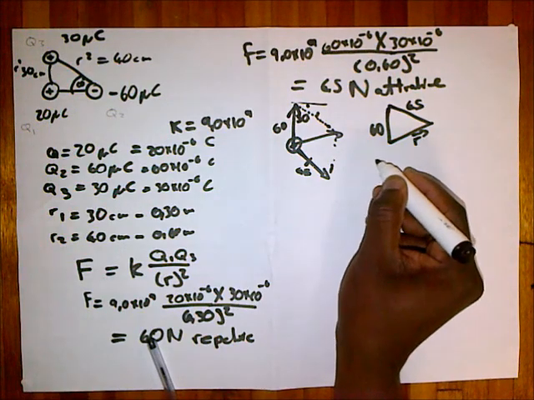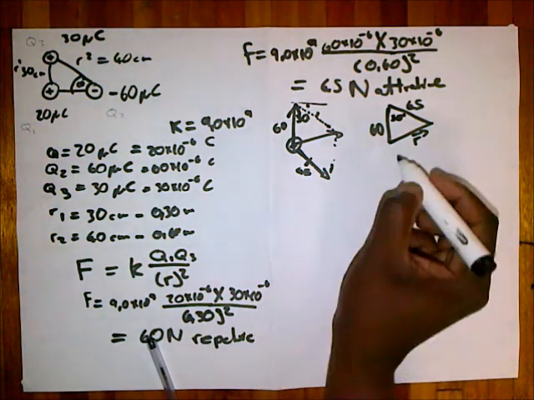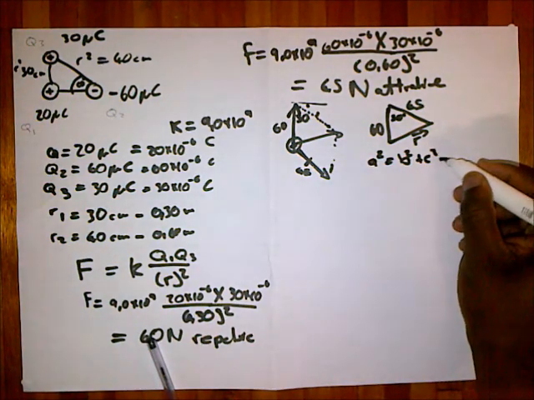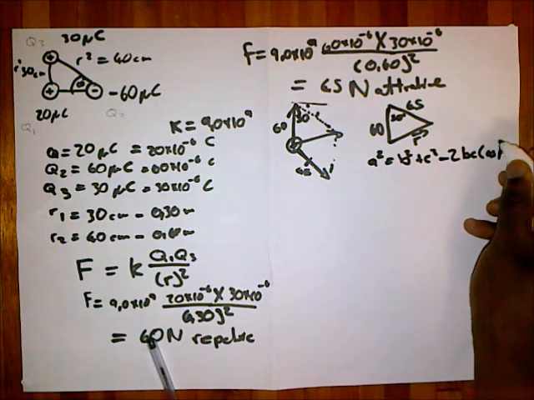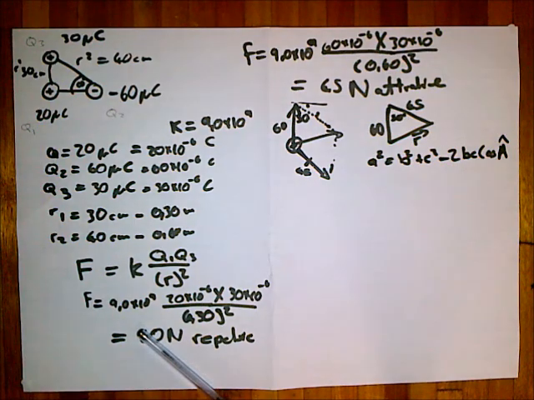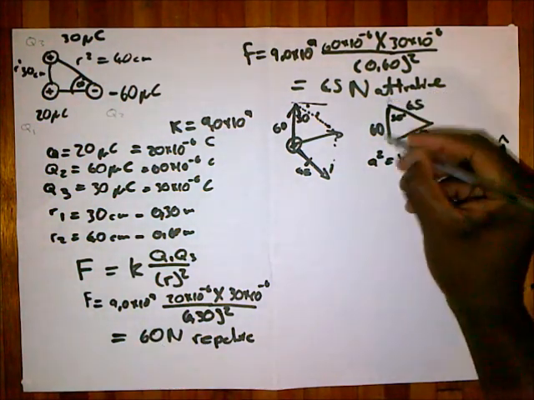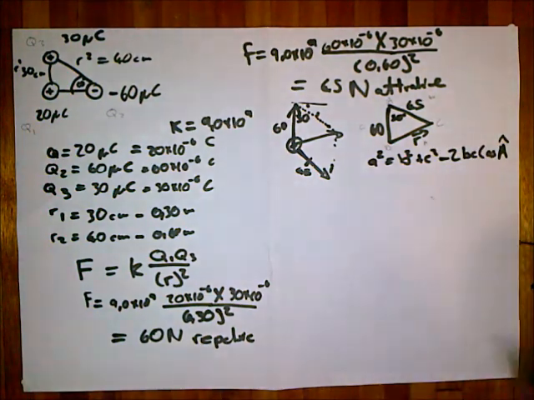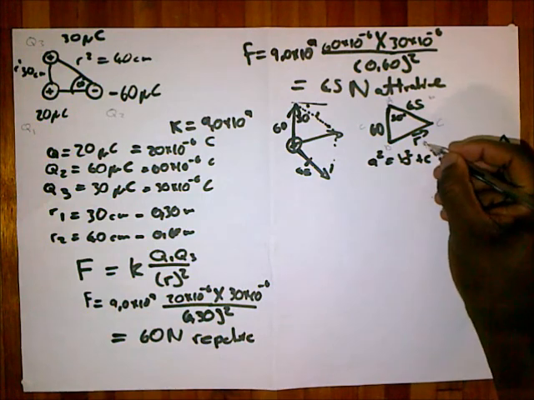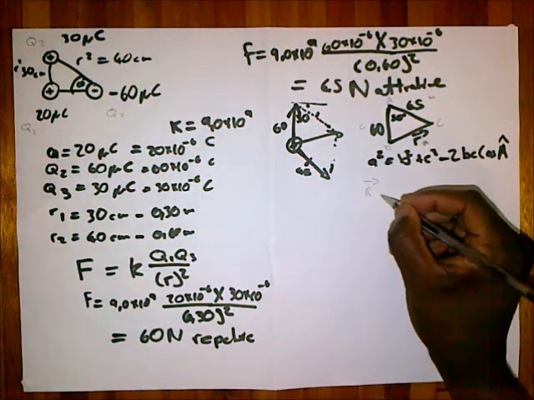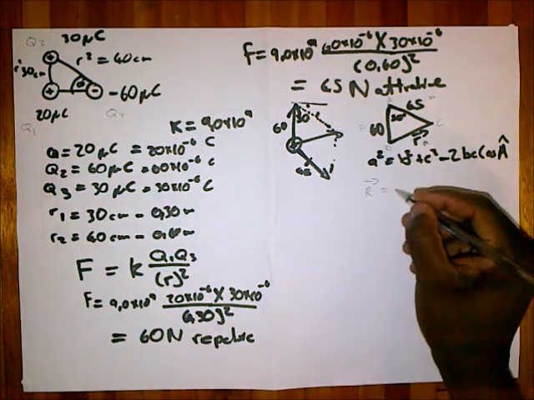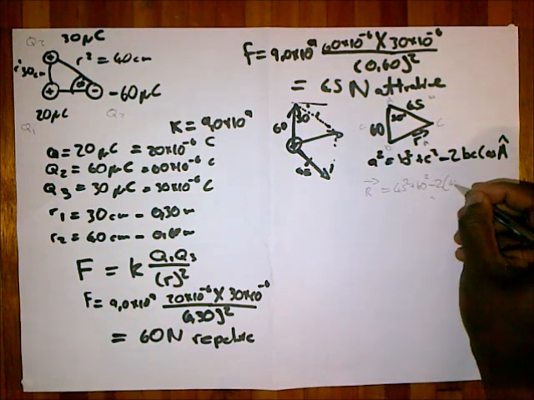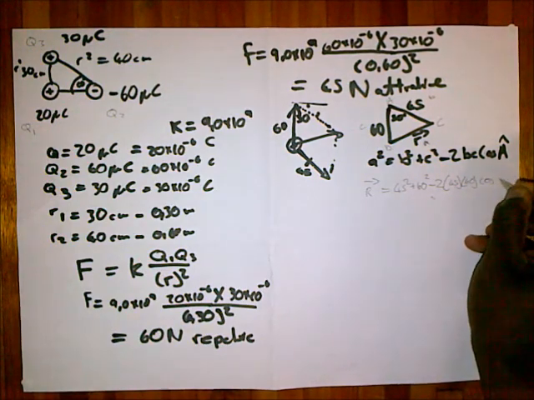For the 50 degrees angle, the cos rule is a squared equals b squared plus c squared minus 2bc cos A. We can say this is our A, this is our B, and this is our C, so small a, small b, small c. So small a squared, which is F squared, equals 45 squared plus 60 squared minus 2 times 45 times 60 cos 50.